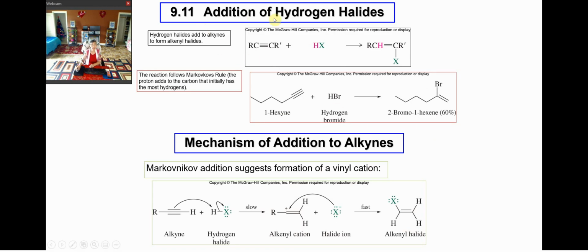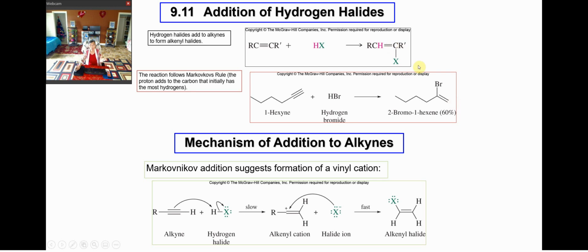The second type of reaction of your alkyne is addition of hydrogen halides. Your hydrogen halides can be added by 1 mole or 2 moles. If you're adding only 1 mole of hydrogen halide, under regular conditions you are going to follow Markovnikov's rule to produce a bromoalkene.